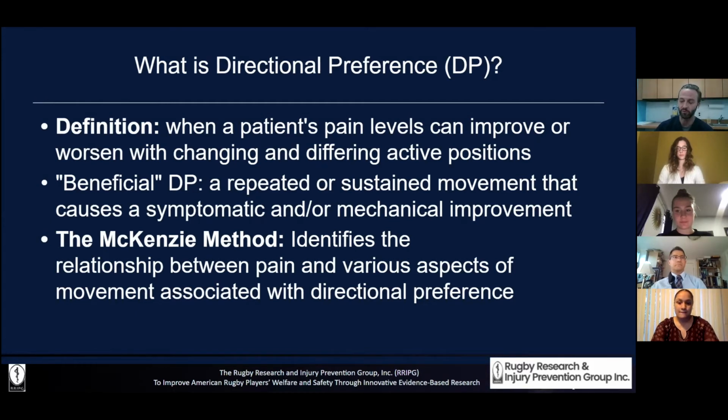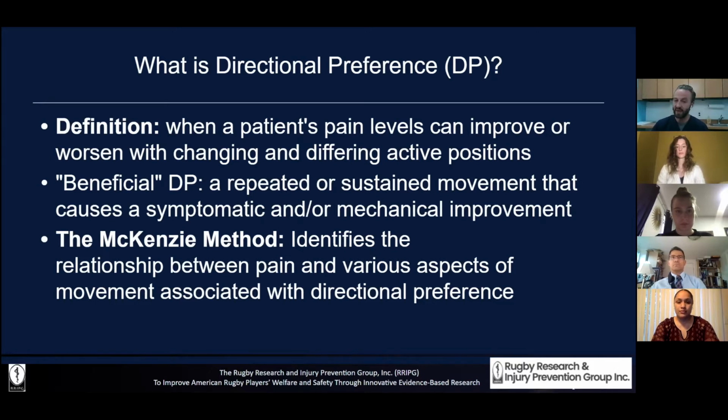In simple terms, you find a movement of a patient's joints, whether it's a low back, a neck, an elbow, a shoulder, doesn't matter, that's going to make the patient feel better. It's going to make their symptoms better. And when we talk about mechanical improvement, we're looking at predominantly range of motion, right? It's going to improve their symptoms, their pain, and their range of motion.